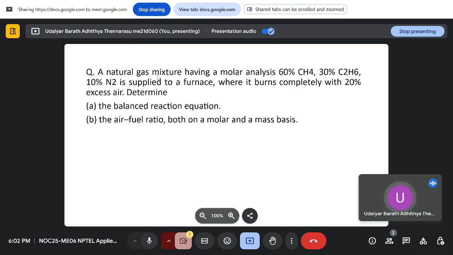That means if you require 1 mole of air for complete combustion, then you use 20% more than what the stoichiometric ratio requires. So with that we need to find out what the reaction equation will look like and what the air fuel ratio is, both on molar and mass basis.